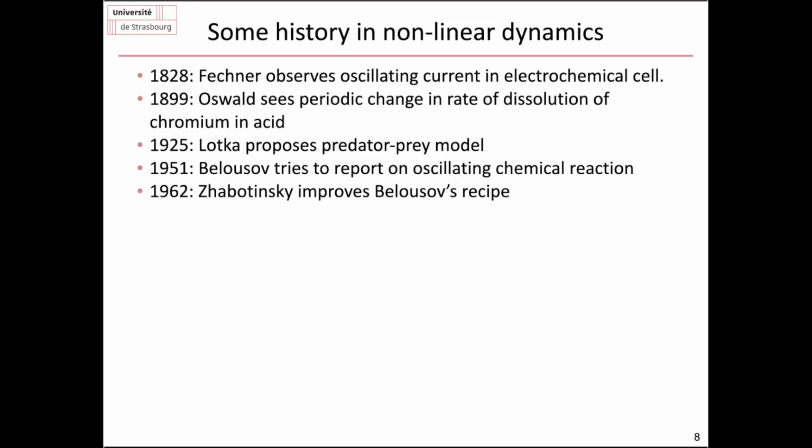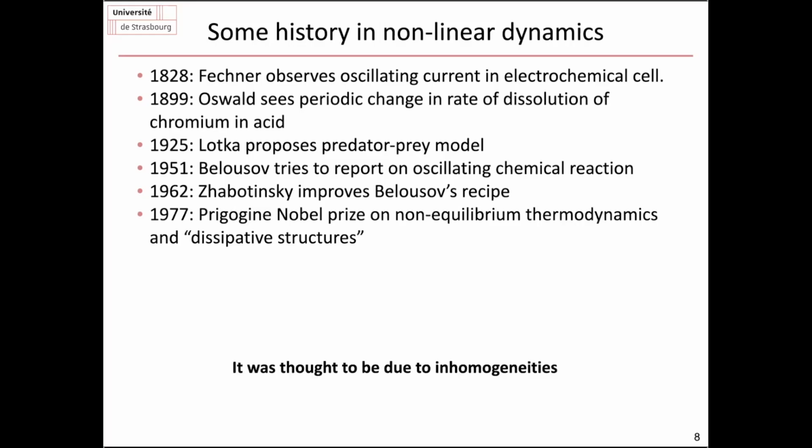That really was when people started to get convinced that you can get things like spirals, oscillations, and patterns in non-living chemical systems purely because of the nonlinear behavior of the system.